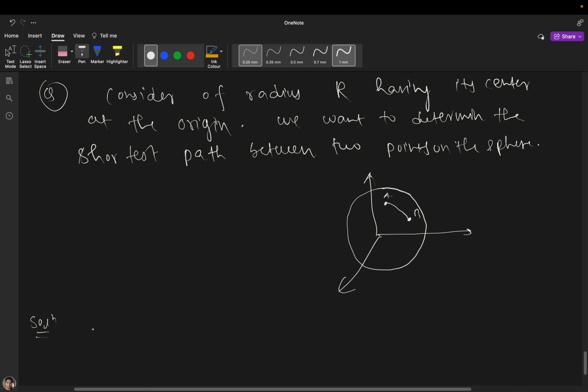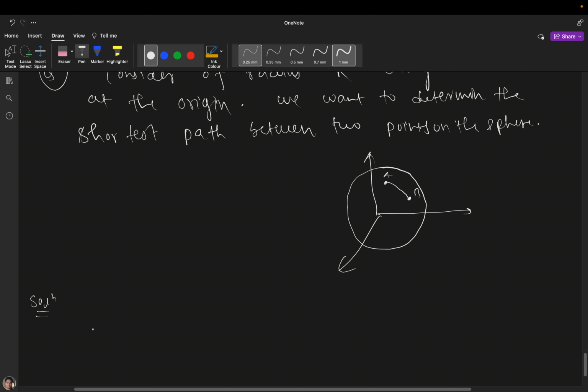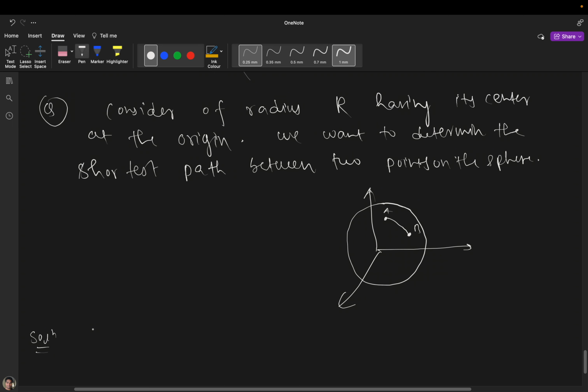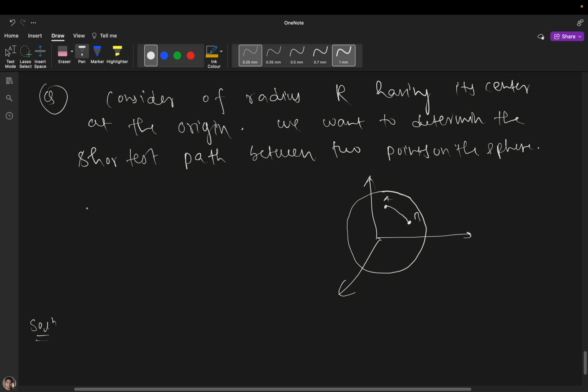The path should be a straight line, but exactly on the surface of the earth, like the curves on the map of the earth, right? All the longitude and latitude lines are like this, right?